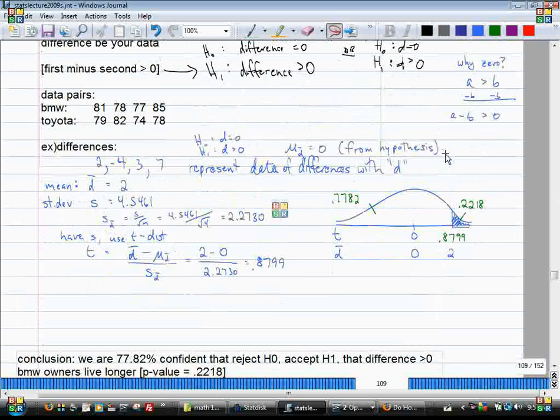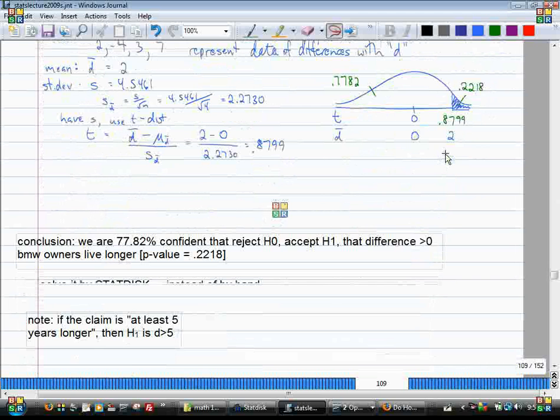So what's another way to state it so that you get something a little different? You could say at least 5 years longer, or more than 5 years longer is a better way to say that.